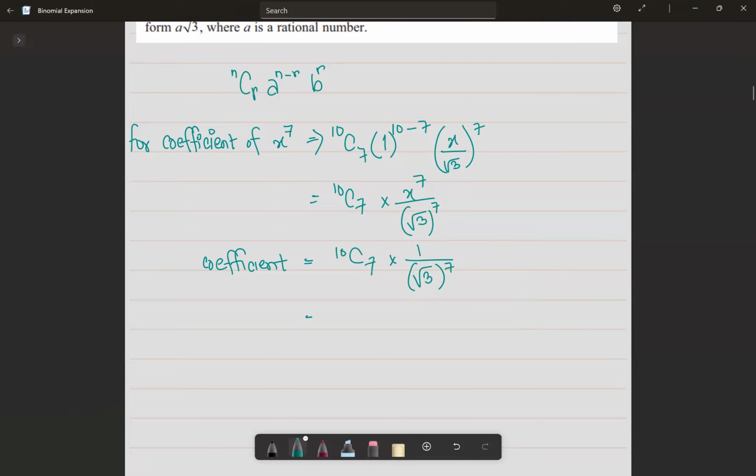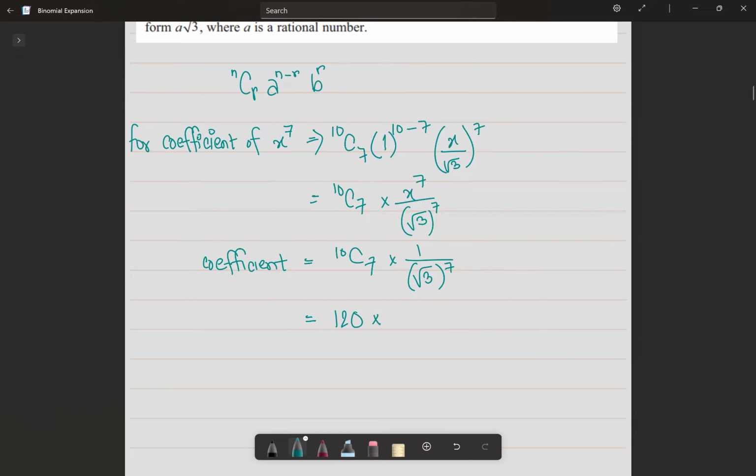So 10C7 from our calculators, we know how to find 10C7. So we will substitute that in here. Now for 1 by root 3 to the power 7.